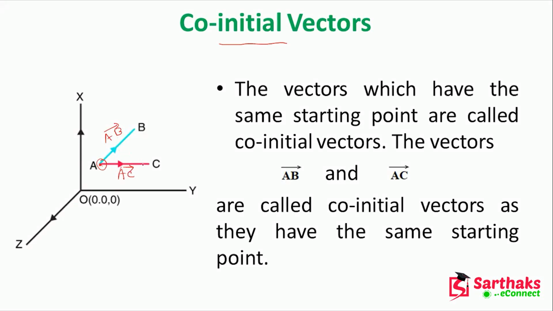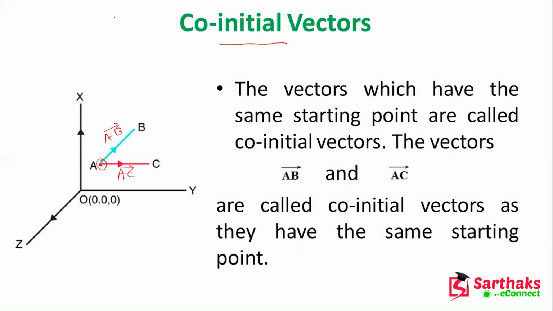Both are different vectors, but the initial point, or the tail, of AB and AC is the same. That means the coordinate of point A is equal for AB and AC. So these are called co-initial vectors.